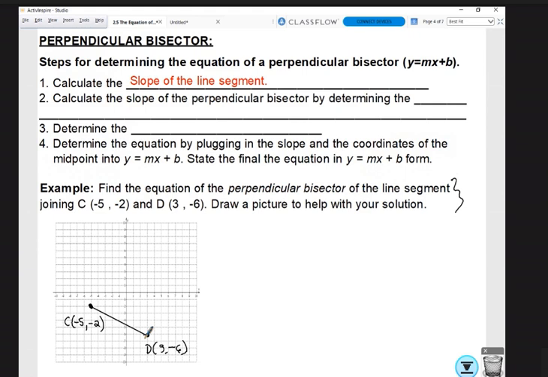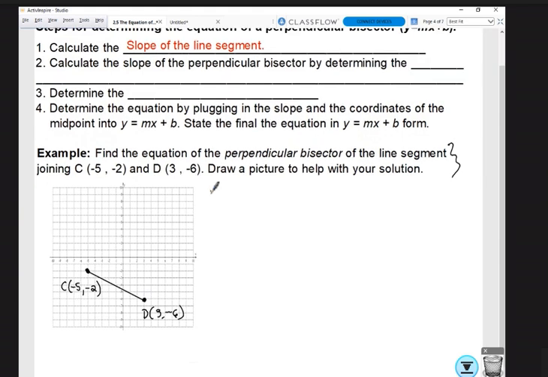So I think the first thing I'm going to do here is say, okay, number one, let's do the slope of CD. Nice little title there. Step number one, just so we can correlate this. So m equals y2 minus y1 over x2 minus x1.